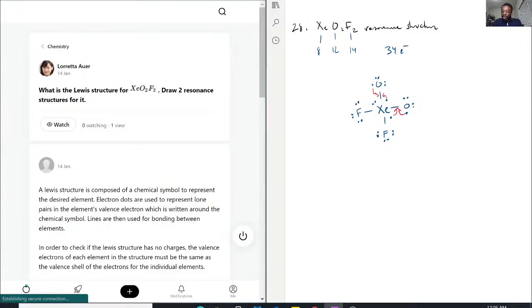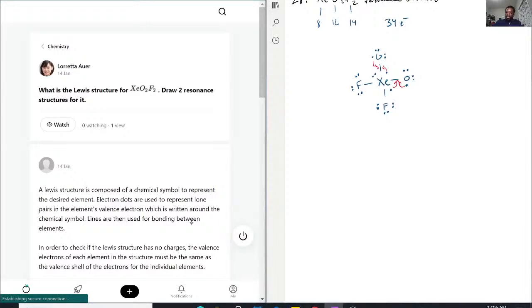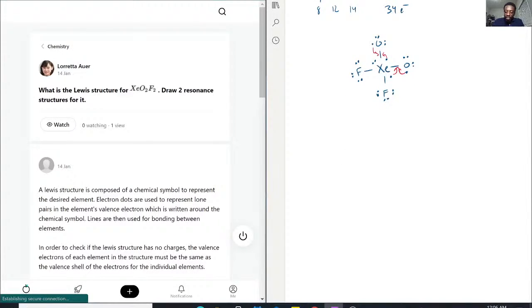So now if we rewrote this for our first of the 3 resonance structures, we have xenon double bonded to these oxygens. We have the fluorines.